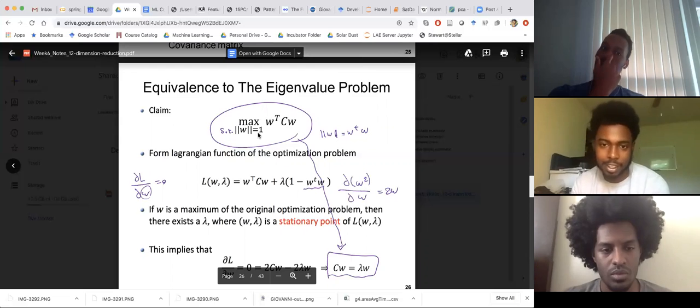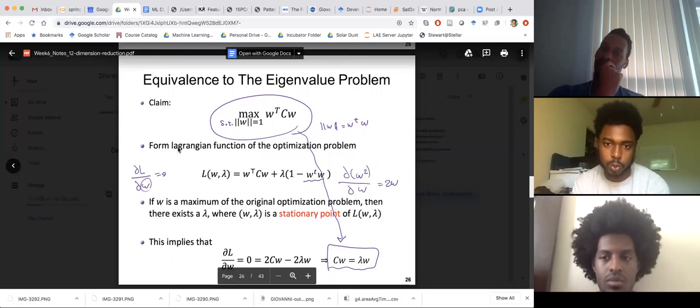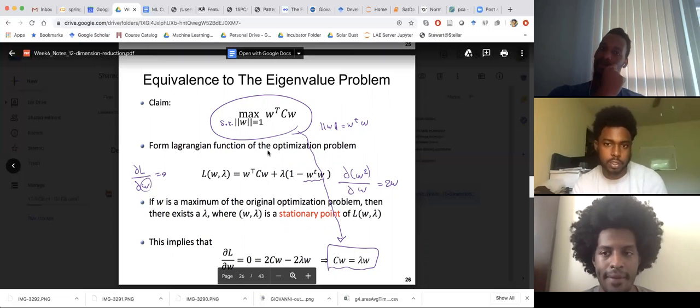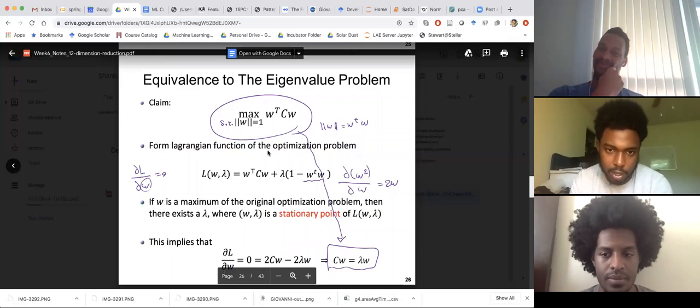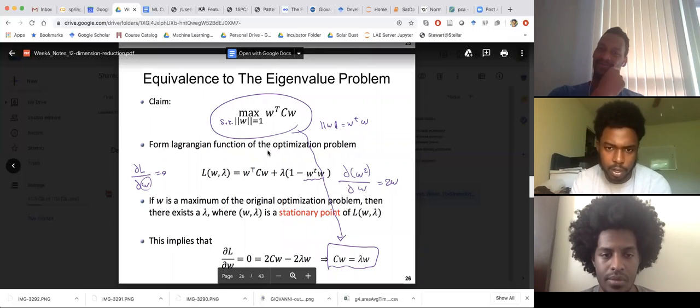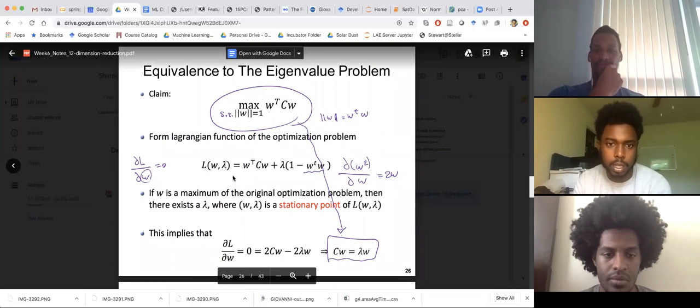All right. And so what they're going to do is they're going to do a Lagrangian function to do the optimization. I guess you also need to be familiar with using Lagrangian in order to find your maximum or minimum. In this case, we're finding the maximum. And we're going to stick on this term because that's how you do it.